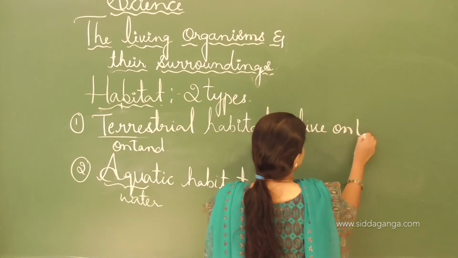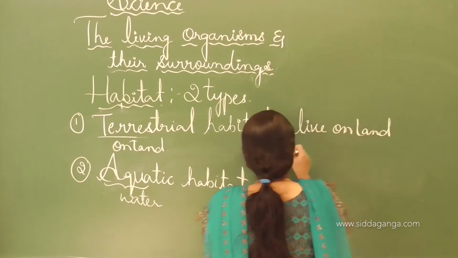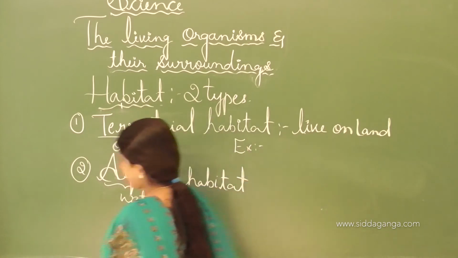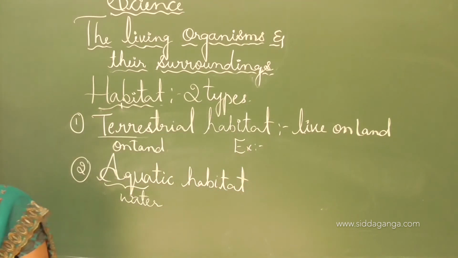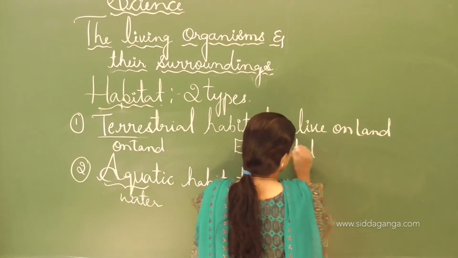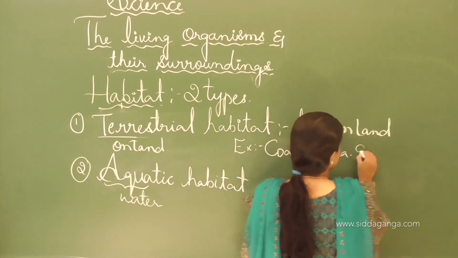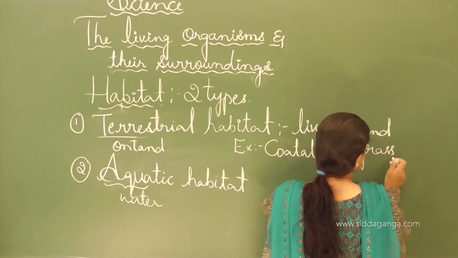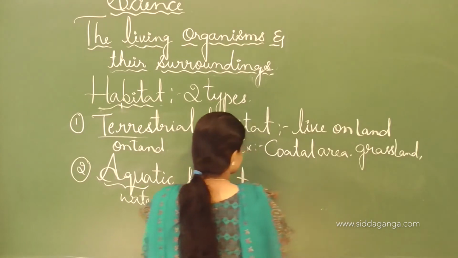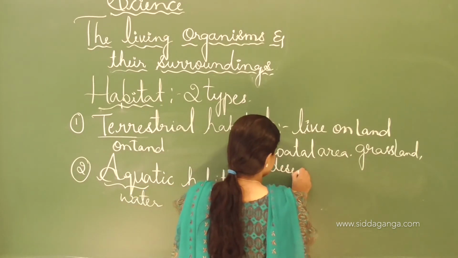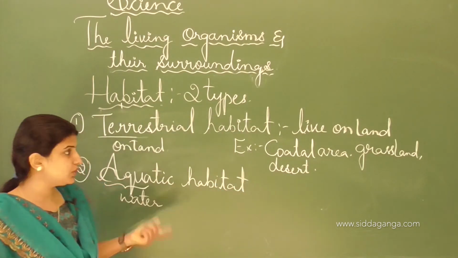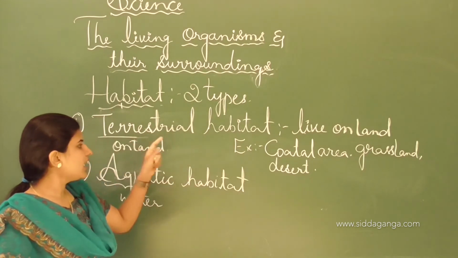Examples for the terrestrial habitats are forest, grassland, desert, coastal region, coastal areas, etc. Those organisms like plants as well as animals which live on the land are called terrestrial habitat.